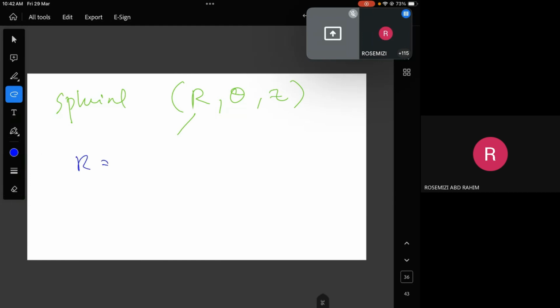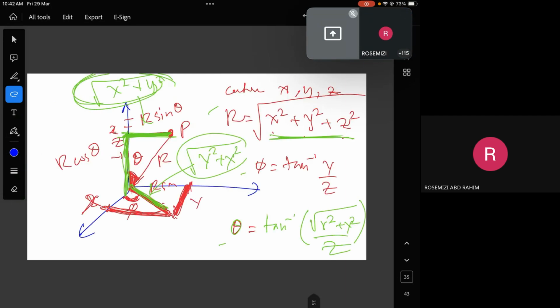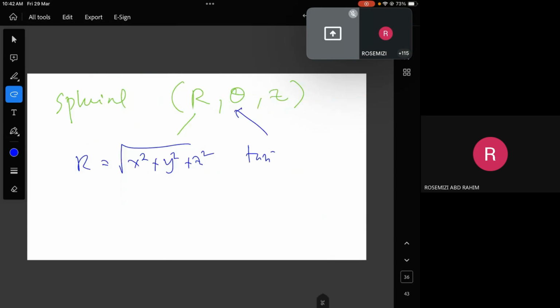R equals the square root of x square plus y square plus z square. Theta equals inverse tangent of the square root of x square plus y square, divided by z. And z equals z.